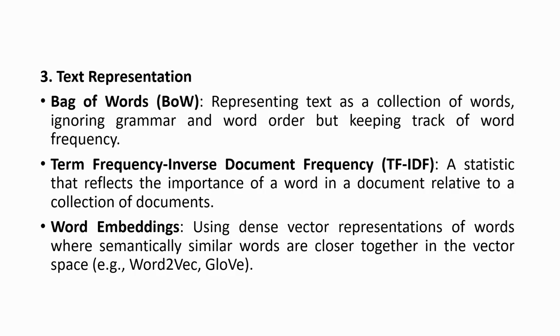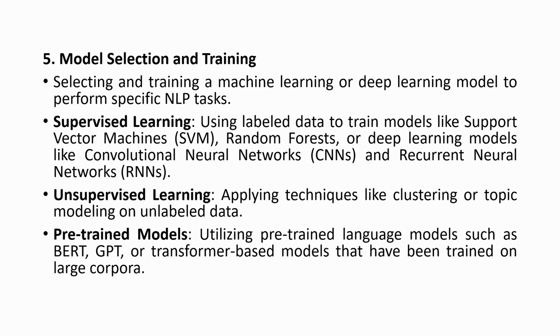When we have labeled data, we can go for supervised machine learning like support vector machine, random forest, decision trees, and so on. Likewise, we can deal with the same problem with deep learning models like convolutional neural network and recurrent neural network. When we don't have labeled data, then we can go for unsupervised learning like clustering or topic modeling.